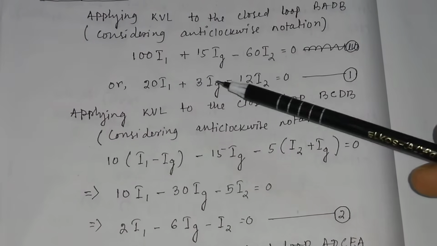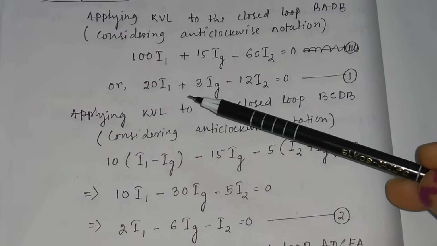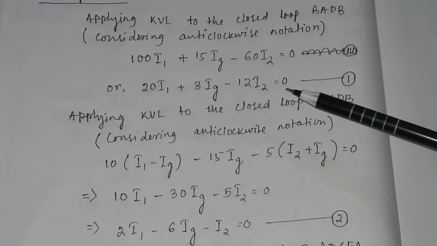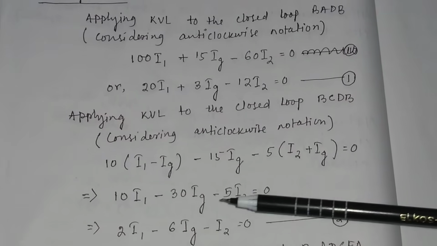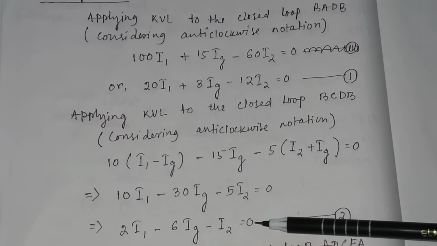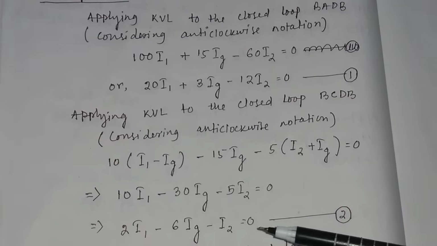So if you solve the two equations, then one will be 20 I1 plus 3 Ig minus 12 I2 equal to 0. Another equation will be 2 I1 minus 6 Ig minus I2 equal to 0.